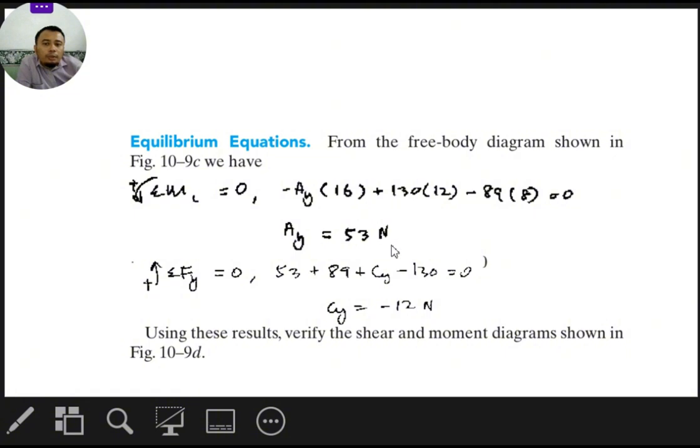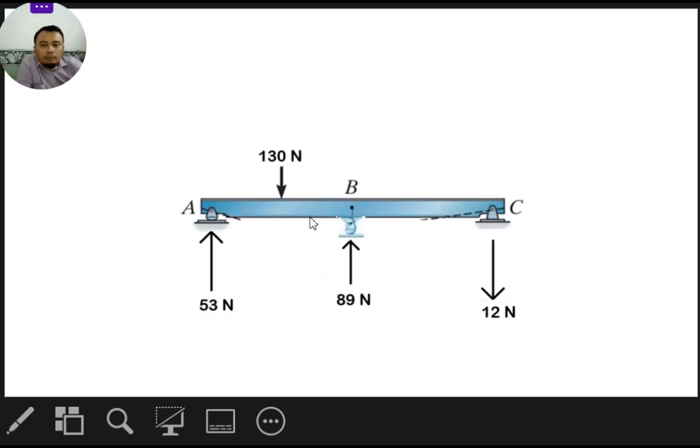So you get AY equal to 53 Newton, as you can see, positive. So our assumption of AY acting upwards is correct. And then you solve for FY positive upwards. So AY is 53, By is 89, CY minus 130, because force acting downwards. Then you get CY equal to negative 12, which is downwards.